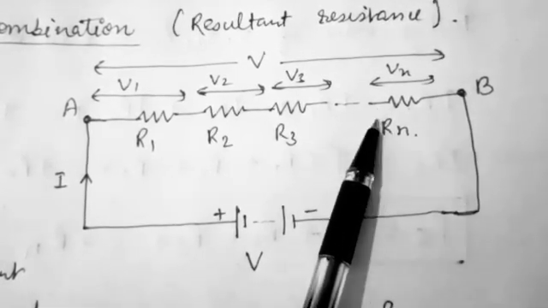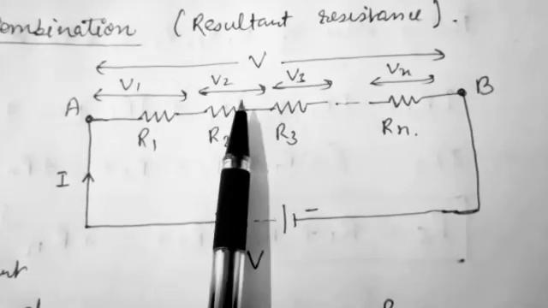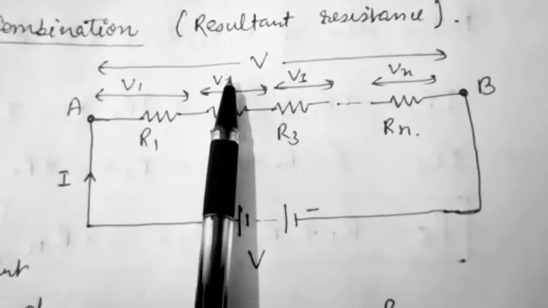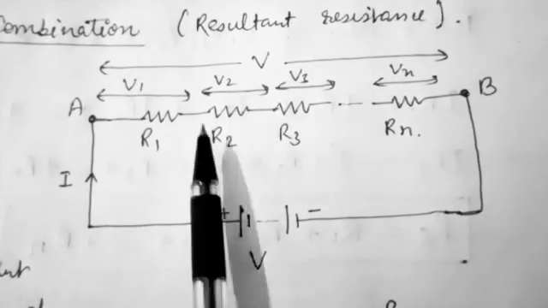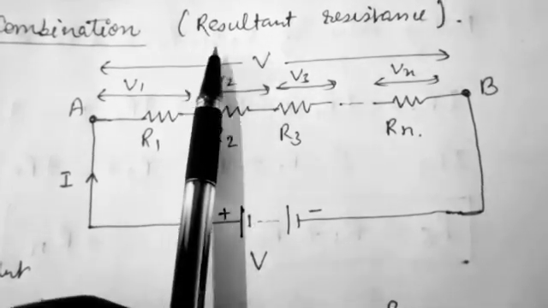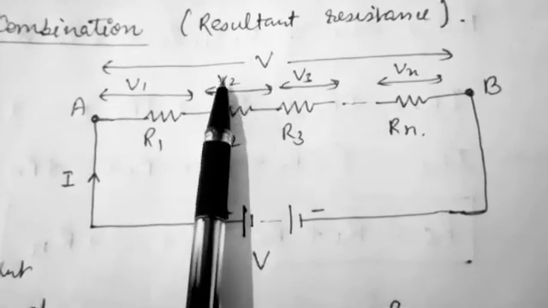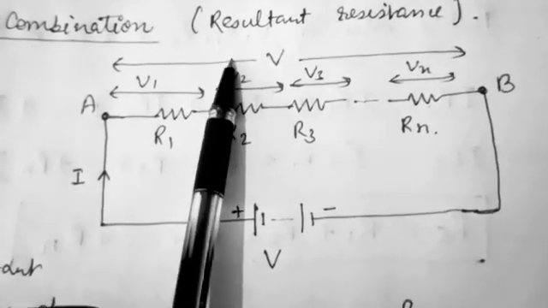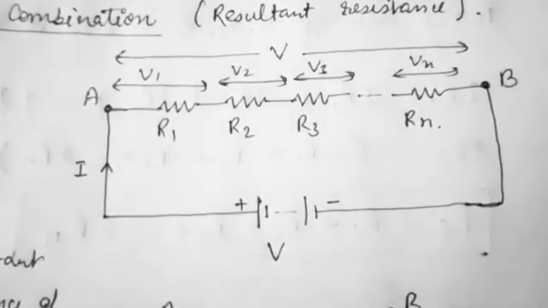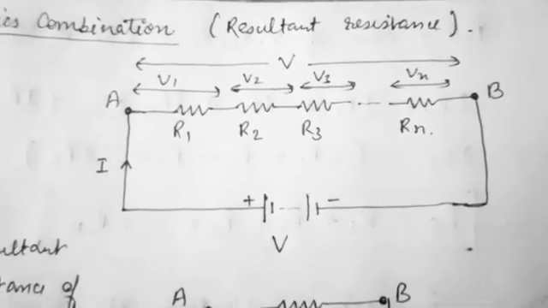So to avoid such things, we combine various resistances in parallel, because in parallel combination every equipment will have the same potential difference, so it can draw whatever current it requires for its operation. Because voltage is the same and their resistance is fixed, they can draw individual current through them and they can run smoothly.